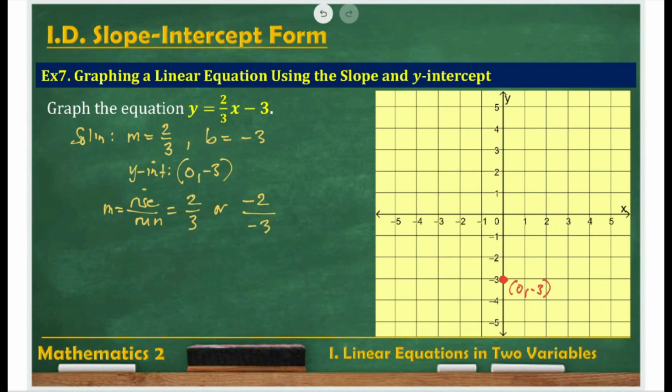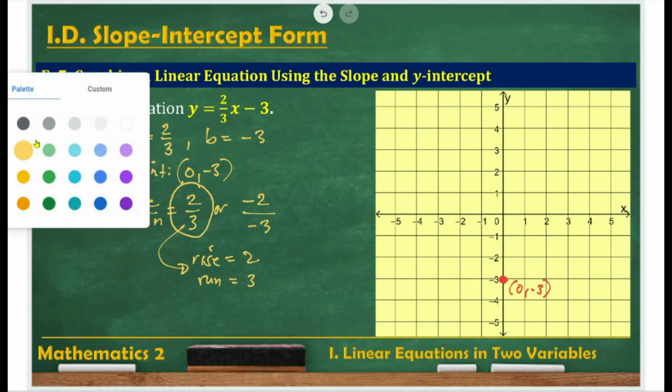For that, we can make use of the ratio 2/3. How are we going to make use of 2/3 to locate another point? We start at the point 0, negative 3. Rise is equal to 2, and then run would be equal to positive 3, based from this ratio.